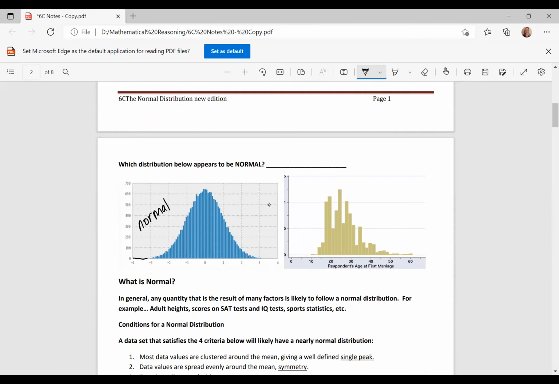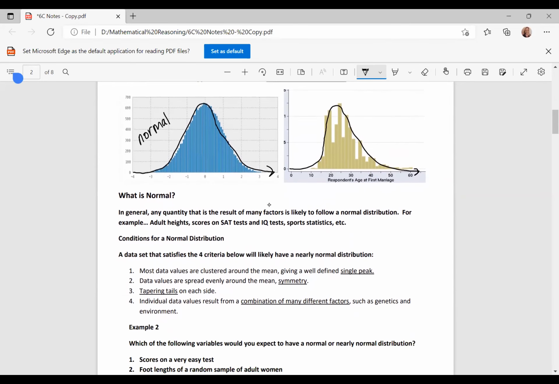It goes up and it comes back down in the same curve. It looks pretty symmetric. This one does something like this. Again, it looks like there's more data to the left here. It's not a terrible distribution, but it is skewed a little bit to the right. Okay, so this is the one that we would say is normal.